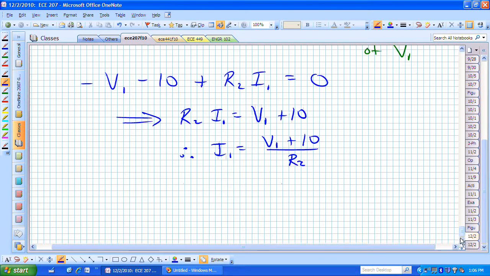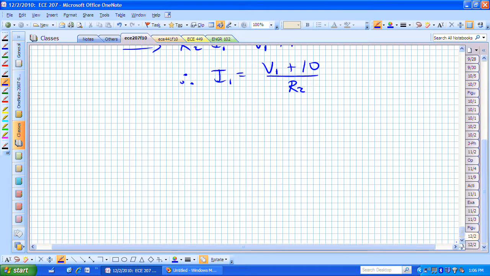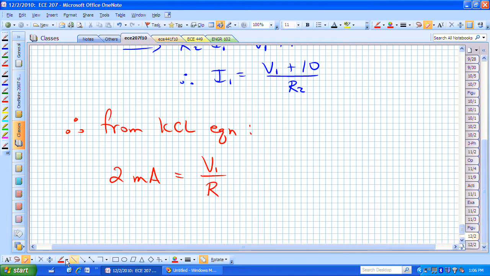Now I can use that I1 expression and the I2 expression in my KCL equation that I had at node 1, which was this 2 milliamps equaling I2, which was V1 over R1, plus I1, which is V1 plus 10 over R2.